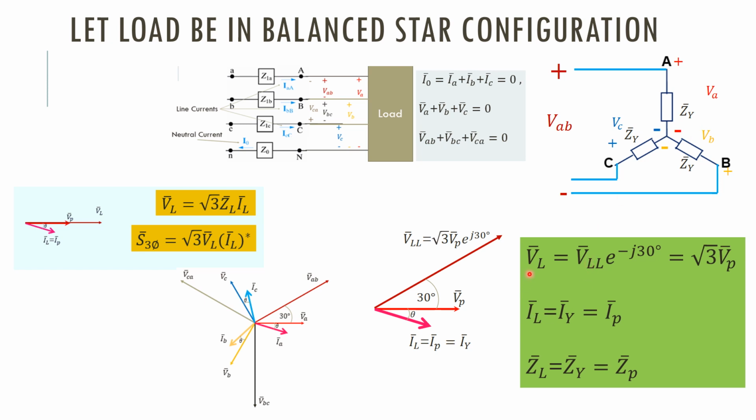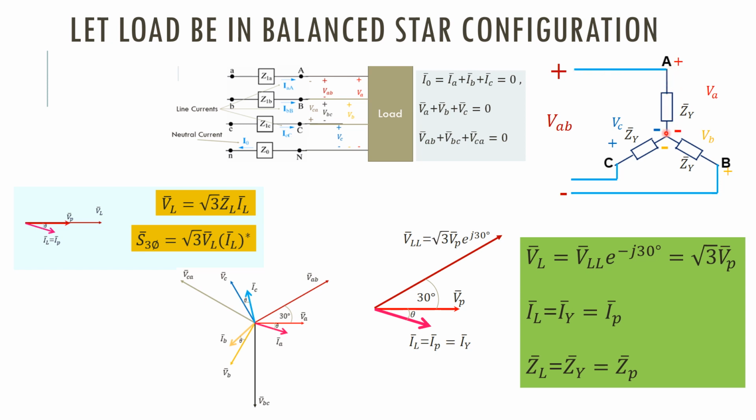So VL is equal to, you know, the line to line voltage times e to the power minus J30, which is equal to root 3 VP. This is the relationship between the line voltages and the phase voltages, right? Here you see the line current only flows through this conductor.